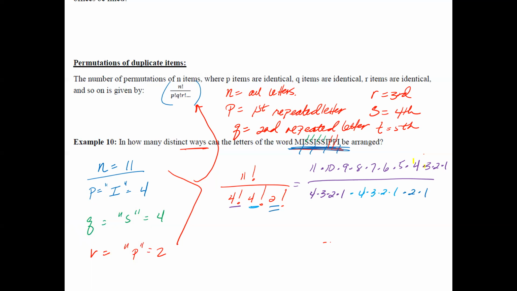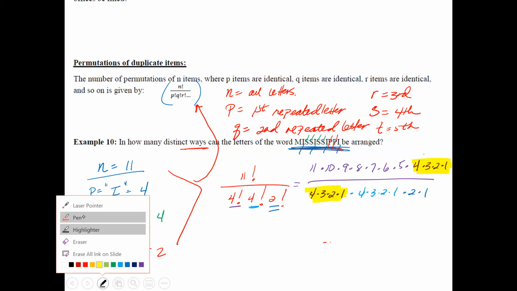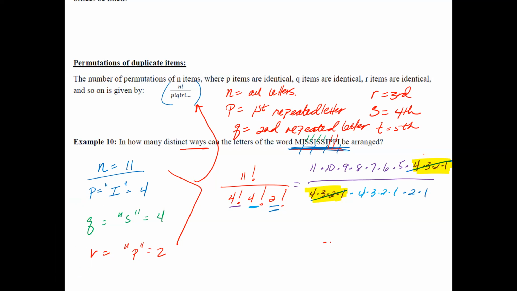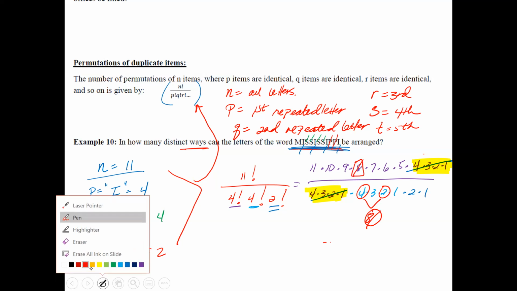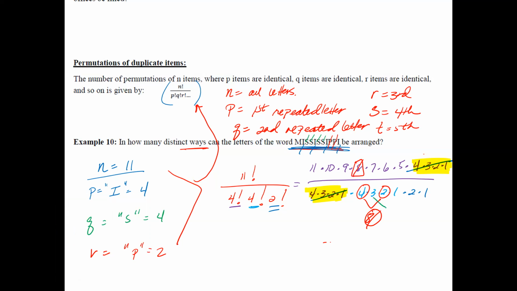And if you take a look at this right here, 4, 3, 2, 1, 4, 3, 2, 1, I can take that and just cross it out because it cancels. Numerator and denominator are exactly the same numbers. Then I'm going to take a look at the rest. I know that I have 4 times 2, which gives me an 8, and that 8 is going to cancel with this 8. Boom, done. Then 3 times 2 is going to give me a 6.